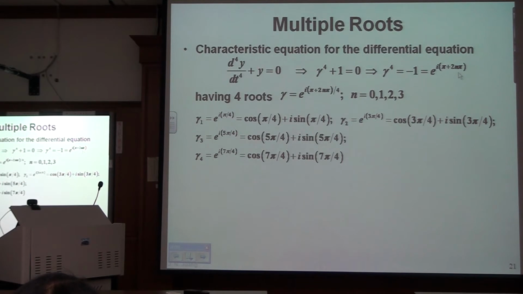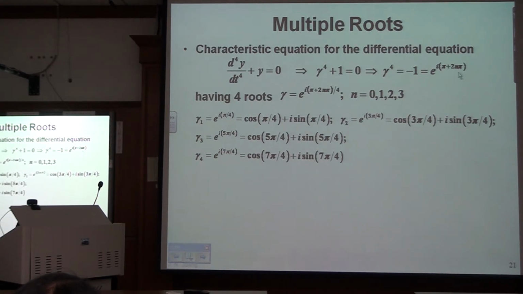How do we solve the 4 roots of gamma^4 equal to -1?